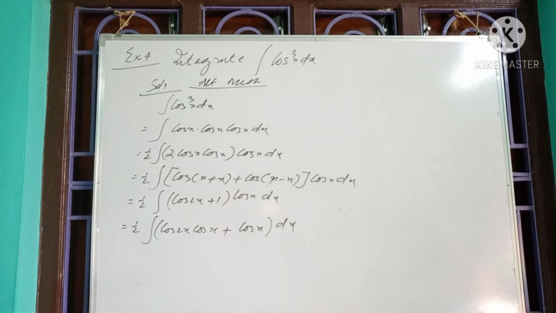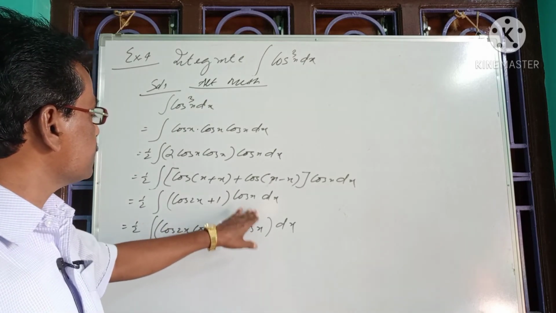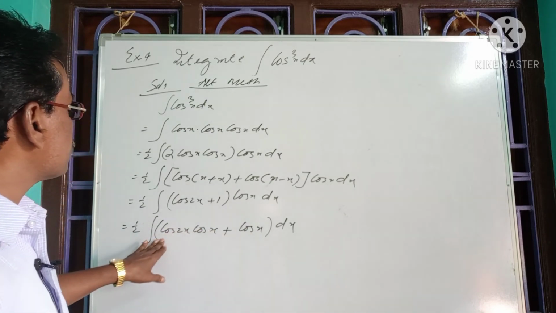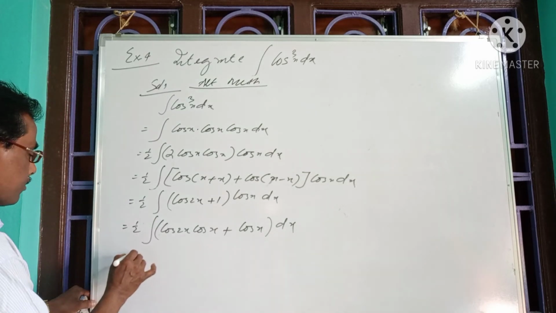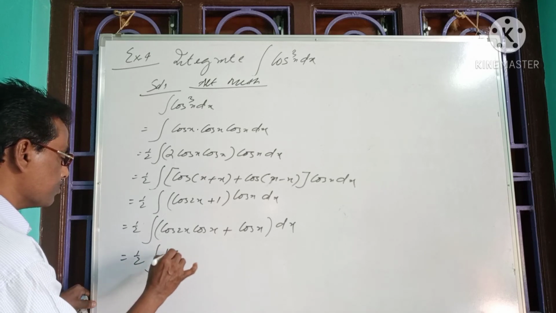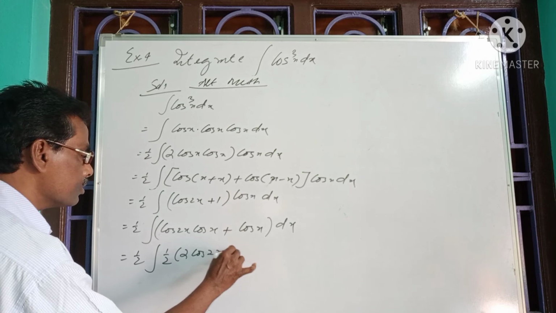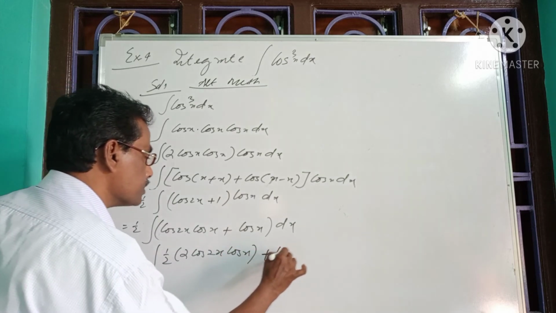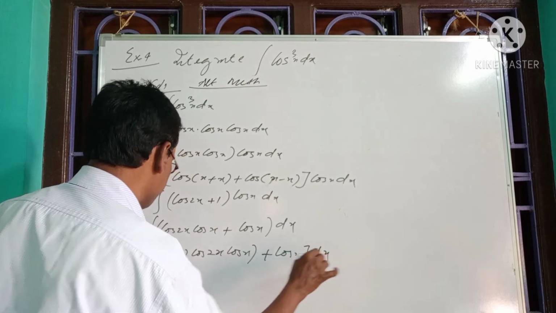Now see, we reach cos 2x into cos x plus cos x. Now cos x is integrable, but cos 2x into cos x is not integrable. So again adjusting for it, multiplying by 2 and half, we have half into 2 cos 2x into cos x plus cos x, whole integration with respect to x.